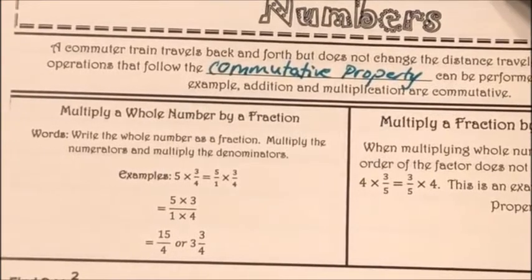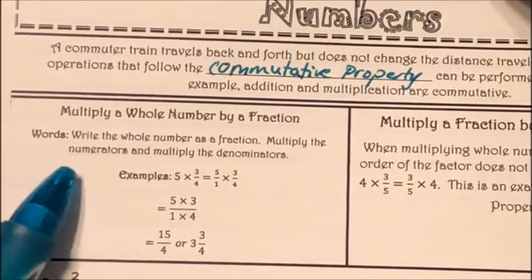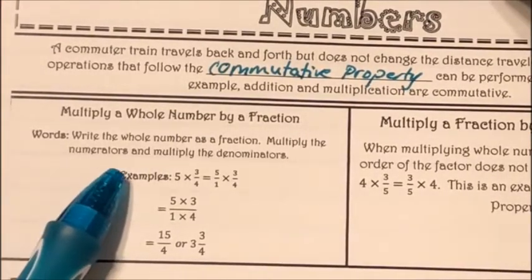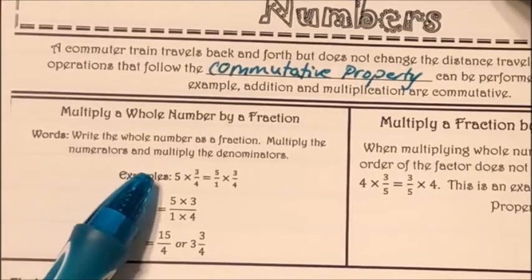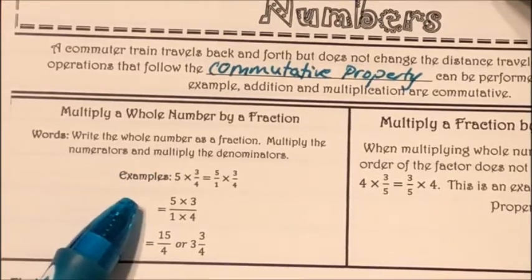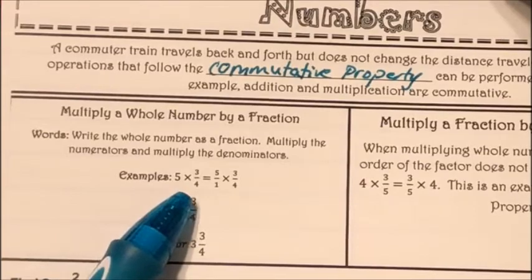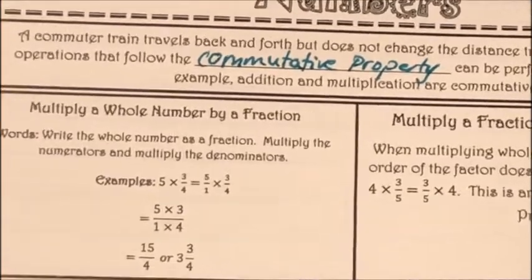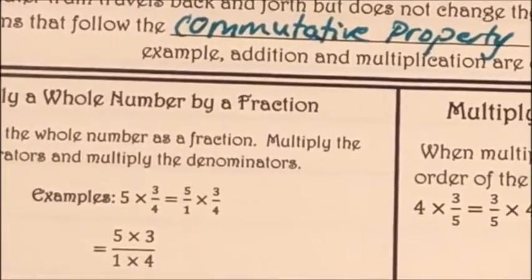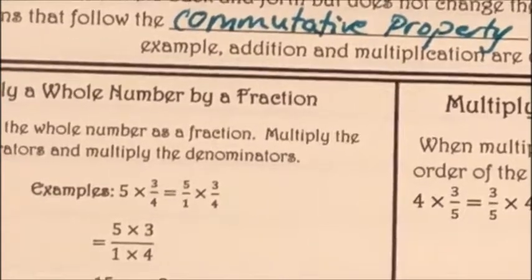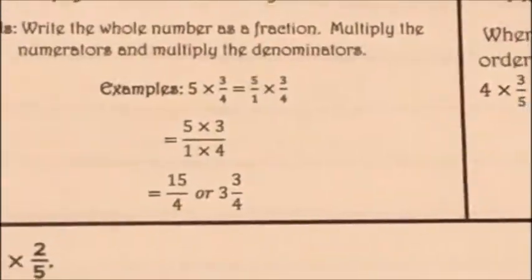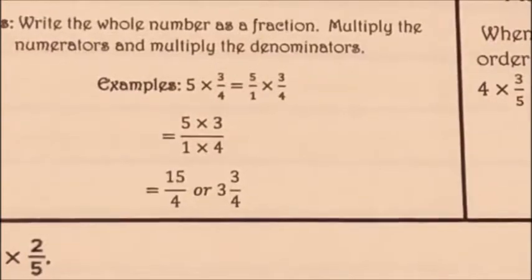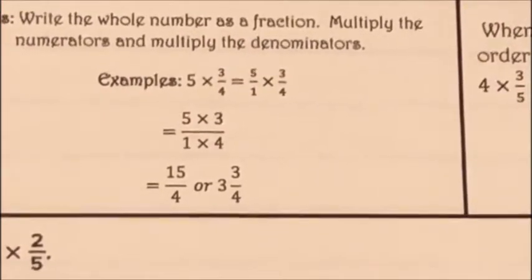When I multiply a whole number by a fraction, I write the whole number as a fraction, multiply the numerators, and multiply the denominators. For example, I have 5 times 3/4, so I can rewrite 5 as 5 over 1, times 3/4. I multiply my numerators together: 5 times 3 is 15, 1 times 4 is 4.